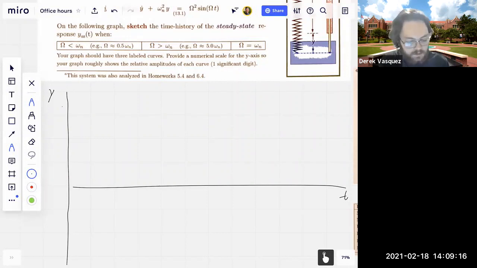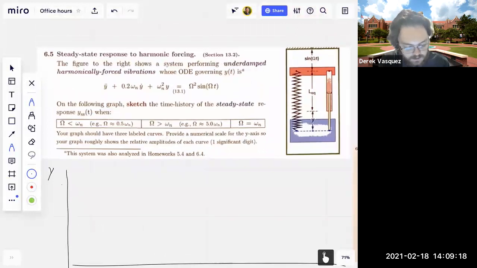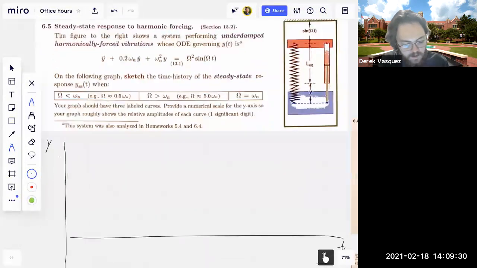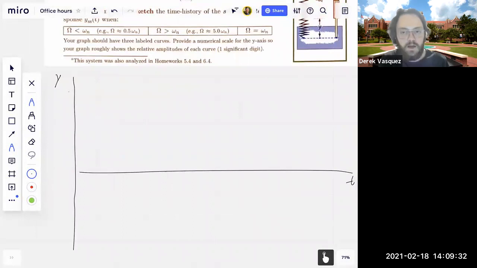We're not given any initial conditions, nor do we know what omega or omega n is, so we're just sketching it. We don't have any amplitude here.